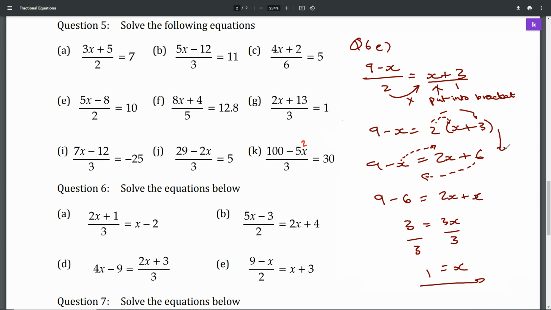So here, to go from here to here, I multiply out the bracket. To go from here to here, I change sides, getting x onto one side. And when I change anything over the equal sign, I change the sign. So negative became positive. And when I moved the 6 over, it became negative because it was positive. So we changed the signs.